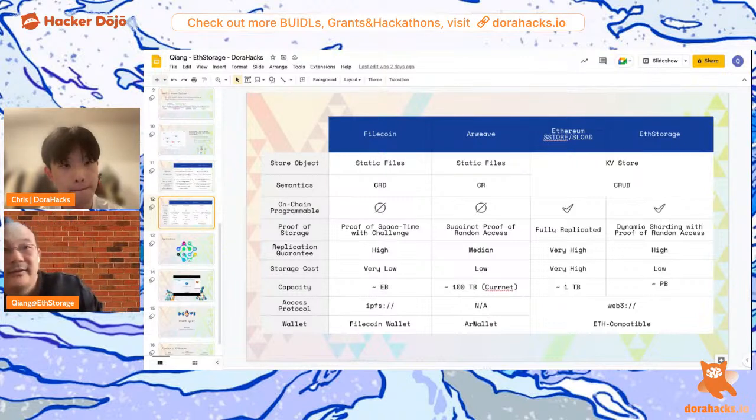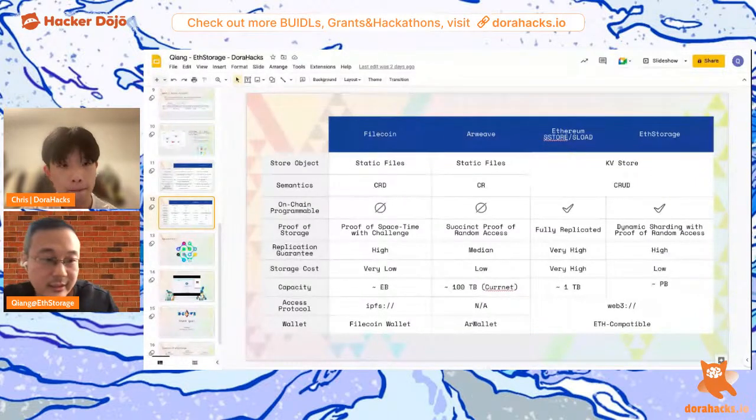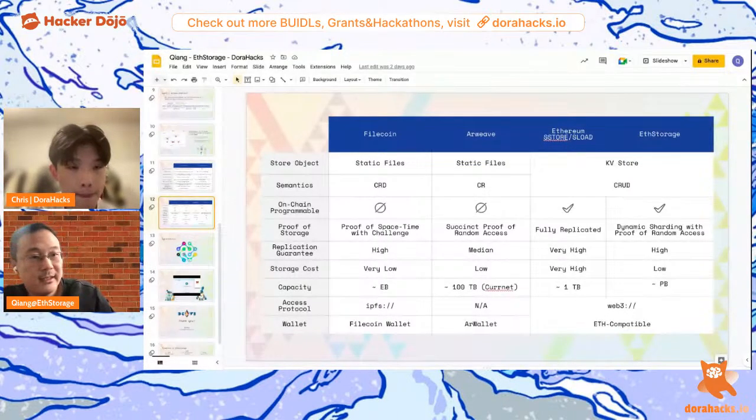The biggest challenge is that now we are building the whole EthStorage on the Ethereum mainnet, and users need to submit the proof of storage onto the smart contract.